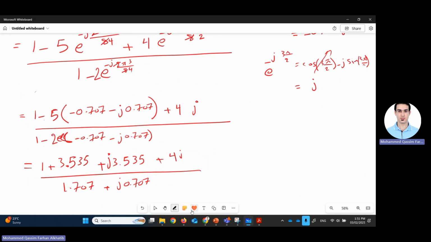So this one will be different. This one is 1.414, 2.414 plus 1.414j, right? Double check, because there is a factor 2 here, if we forgot to multiply with.